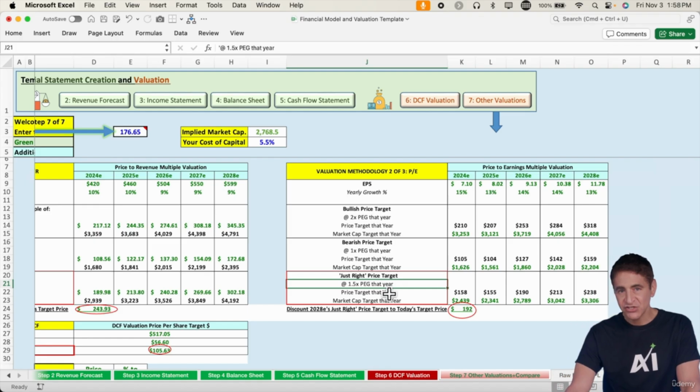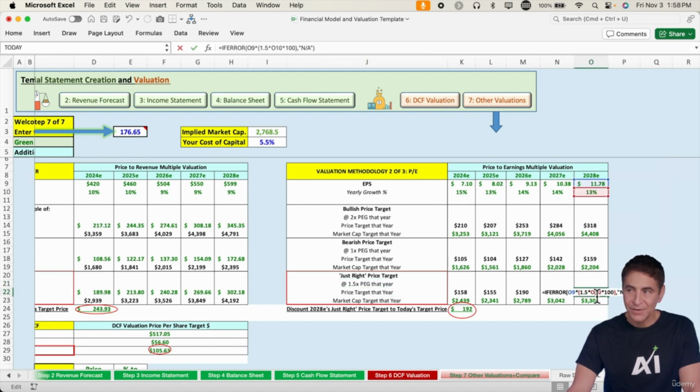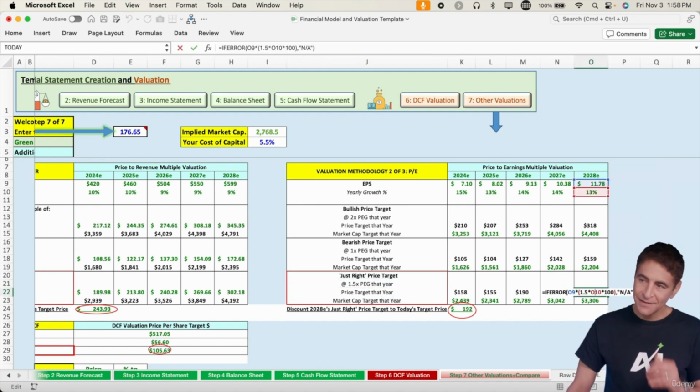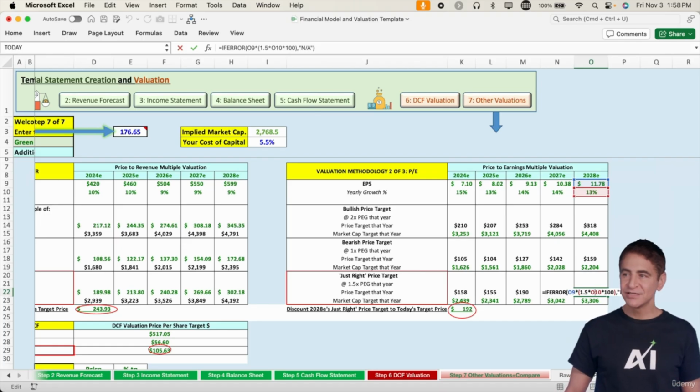And what that means is it's going to value Apple at 1.5 times its earnings growth rate. So for example, over here, by 2028, we got 1.5 times the earnings growth rate times the earnings per share. And that will get us to a target price of that, a market cap of that, a target price of this.